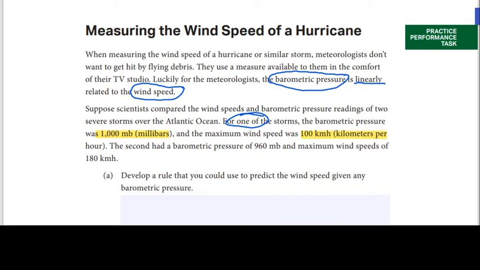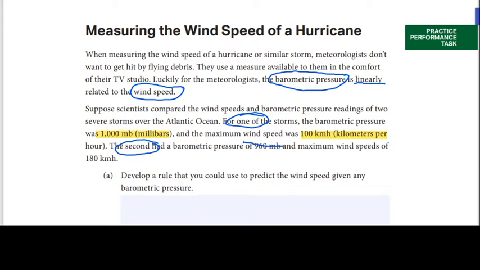The second had a barometric pressure of 960 MB and maximum wind speeds of 80 kilometers per hour. So the second storm gives us these numbers.